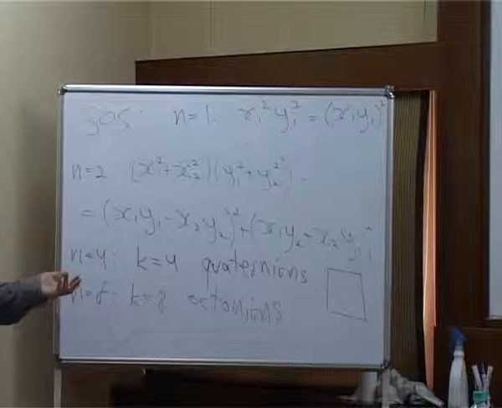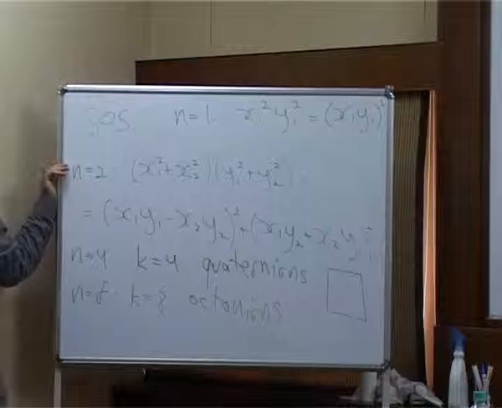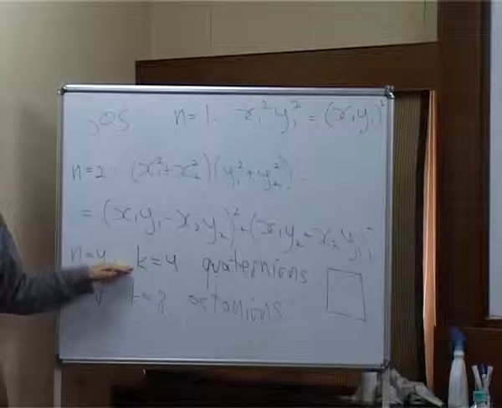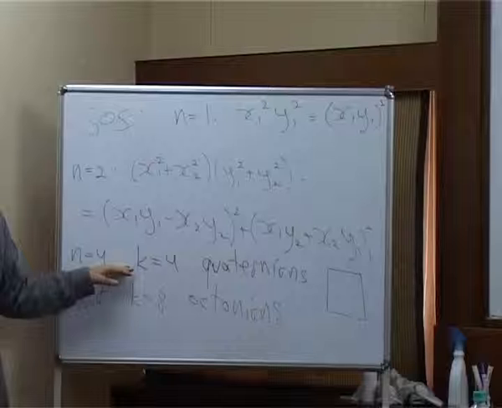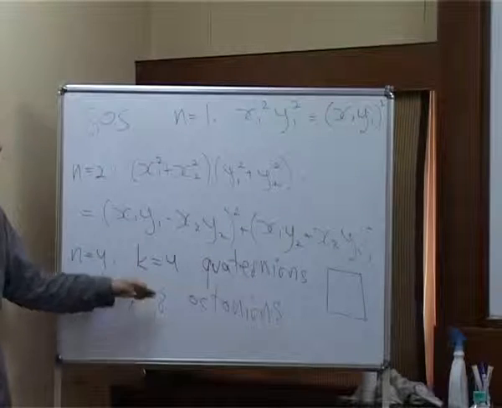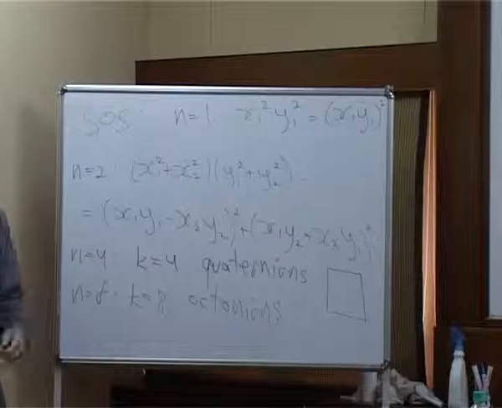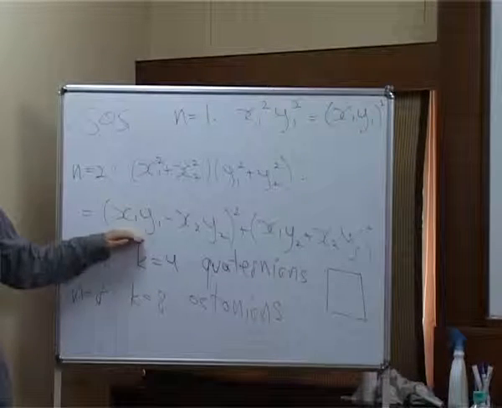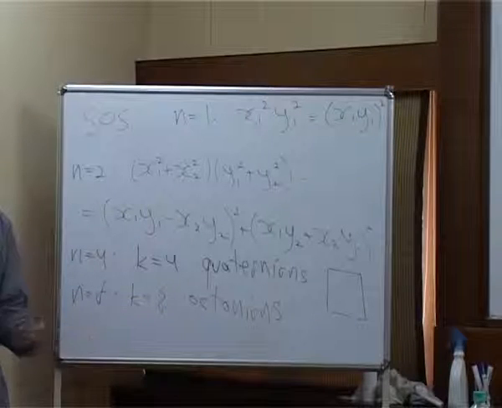Something interesting is that the complex numbers are a field. The quaternions are almost a field, except that you lose commutativity. It's no longer commutative. The octonions are not commutative, but also not associative. You also lose associativity when you go to 8 dimensions. So you lost commutativity, you lost associativity. What is there to lose anymore?